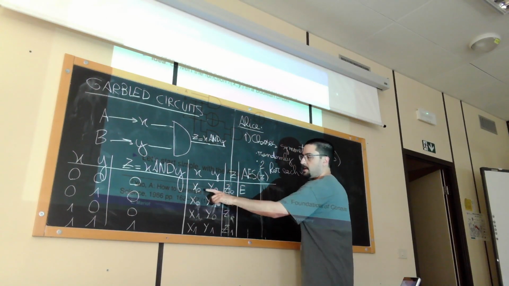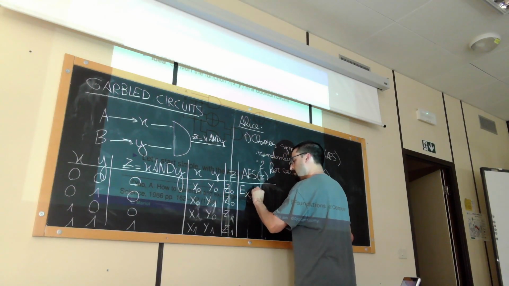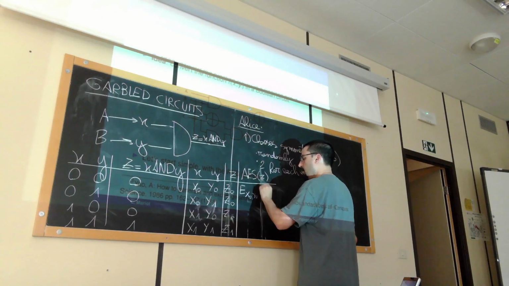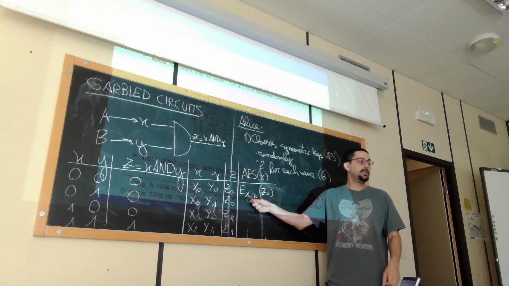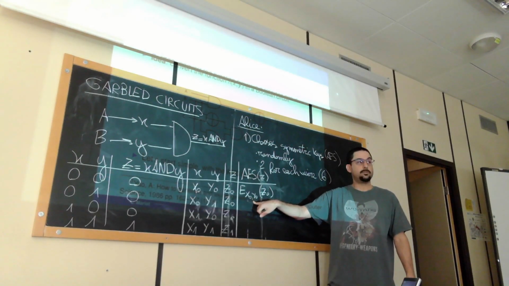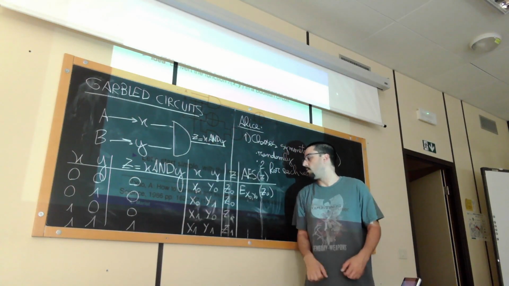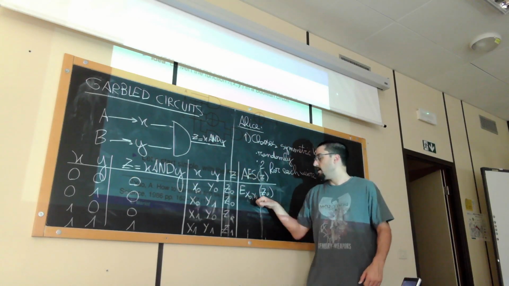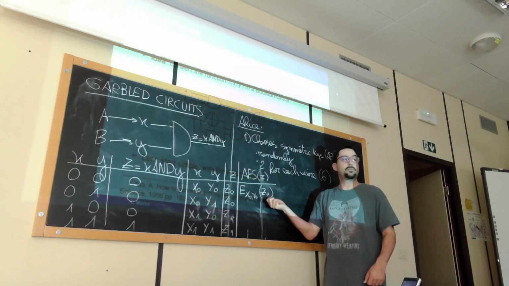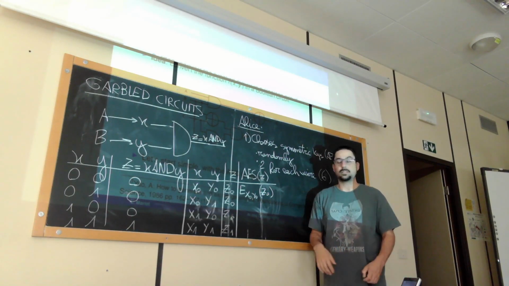Of the two keys x0 and y0, so E of x0, y0 of z0. What does it mean? It means that we are using these two secret keys for x0 and y0, so the encryption of the value 0 on the first wire and the encryption of 0 on the second wire, to encrypt the key in the output when the output is 0, z0.